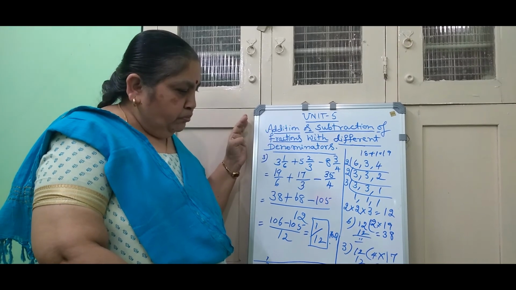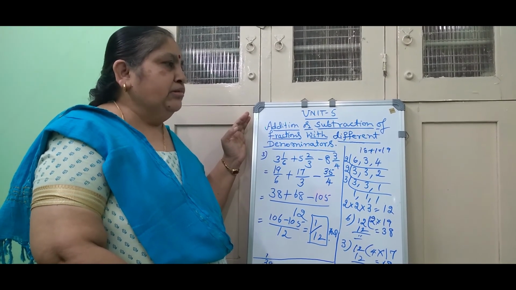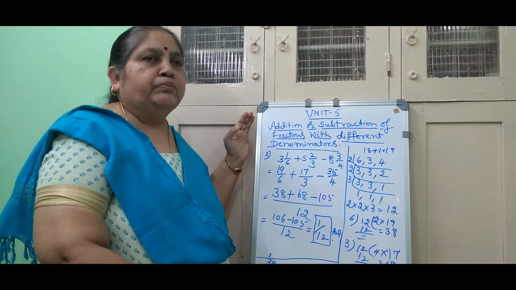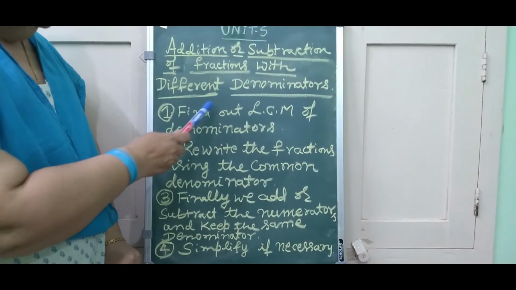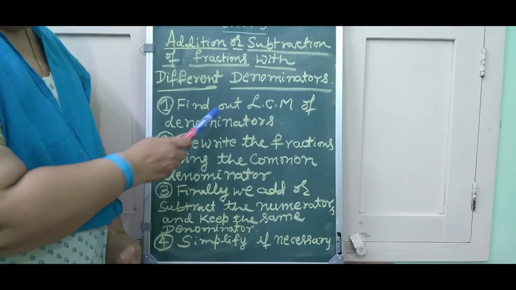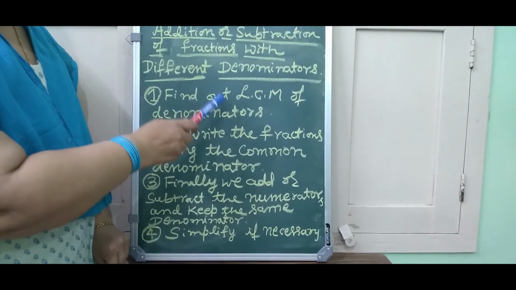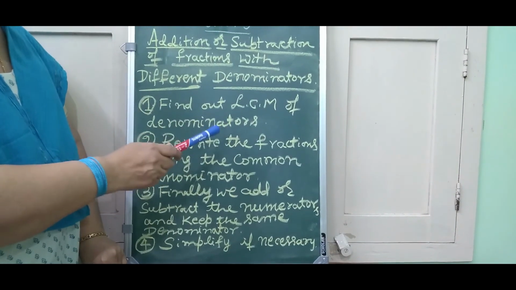Now let me tell you the summary of addition or subtraction with different denominators. First, find the LCM of the denominators of the given fractions.